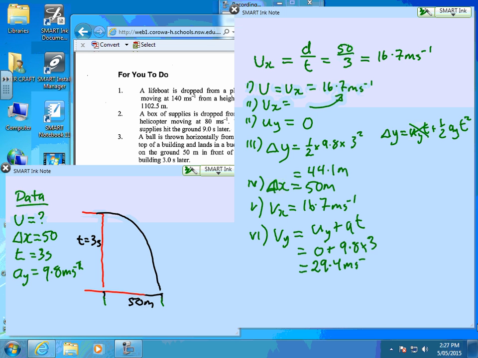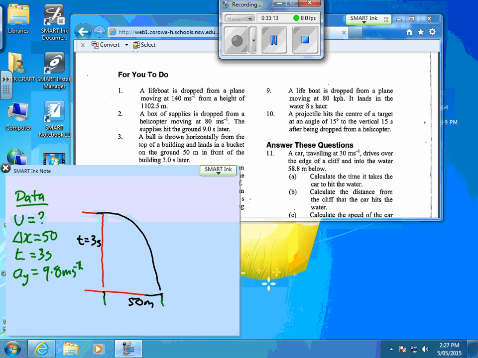So then to find the final speed all up, Vx is 16.7 because it doesn't change. That's right. So there you go, guys. That's the start of doing this stuff, and sorry it's a bit scary.